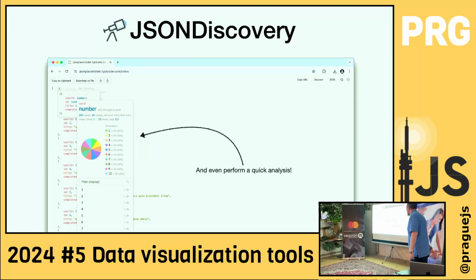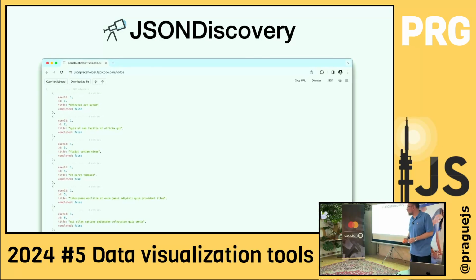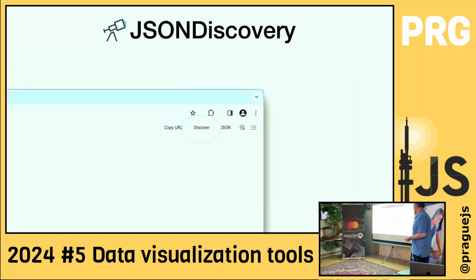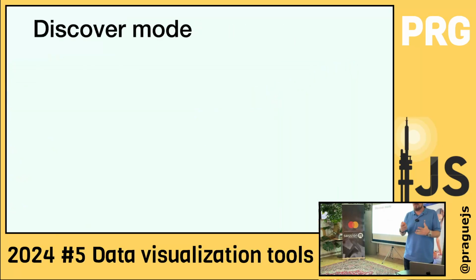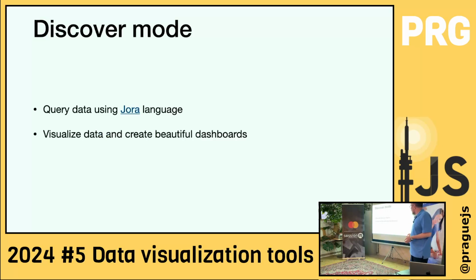And of course, it's getting more interesting when we click this discover button. That's the crucial part here. What is the discover? Why is it called discovery actually? The discover mode lets you query data using Jora language, the special language for querying JSON data.